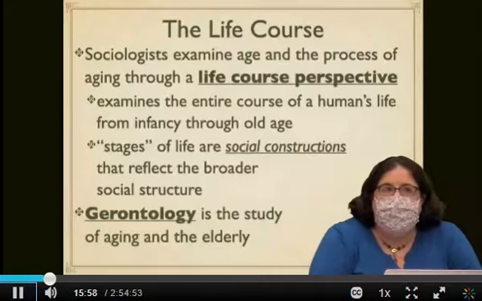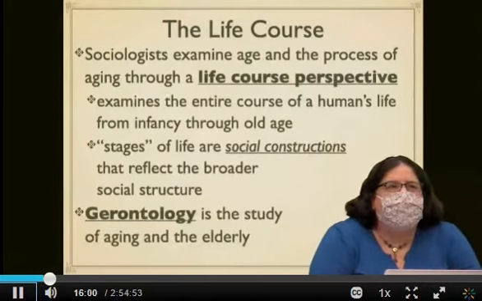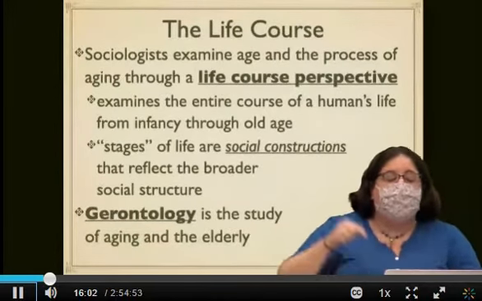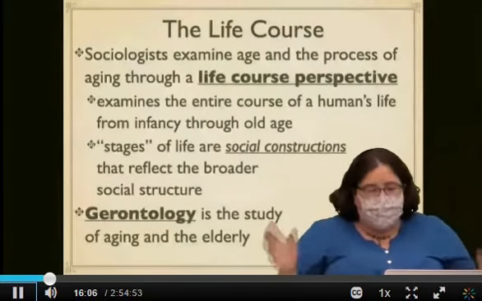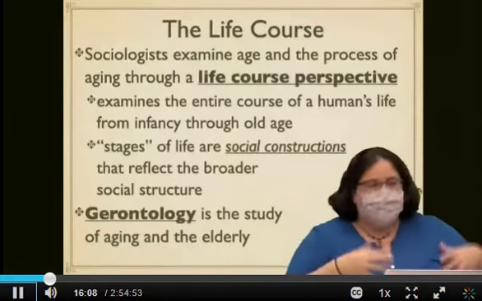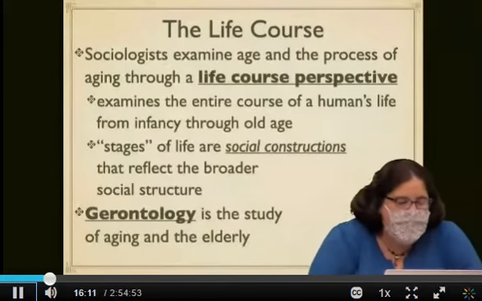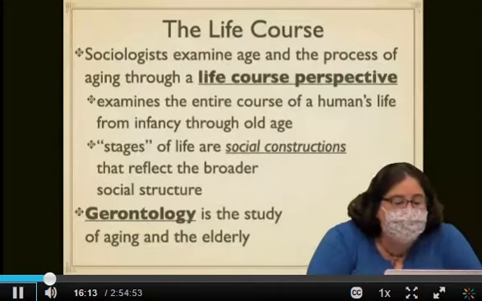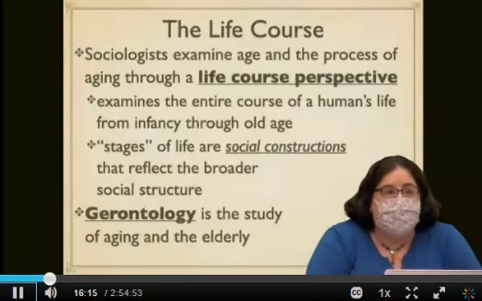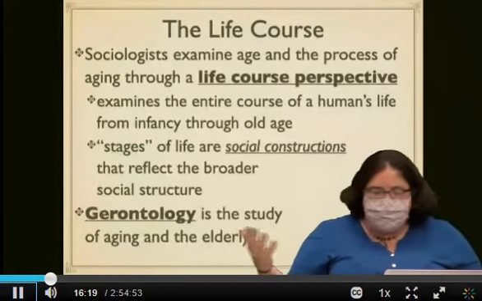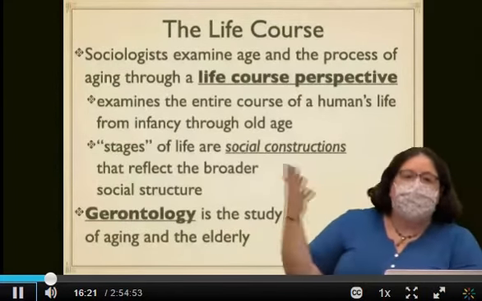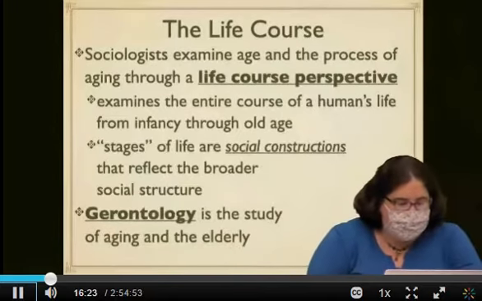I believe, but I won't die on this hill, that gerontology was born out of sociology specifically, although of course it's interdisciplinary and includes elements of psychology and other disciplines. But it is a social scientific study, not a biological one. In biology and medicine, it's geriatrics, that's the term, right? But for the social aspects, it's gerontology.